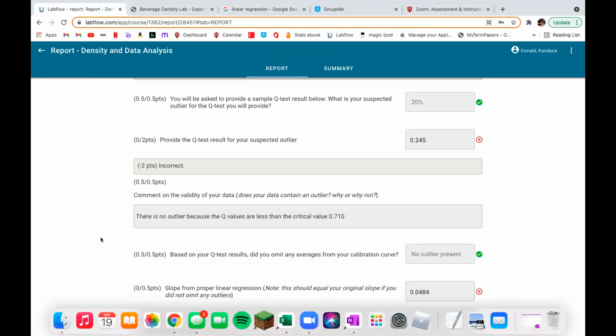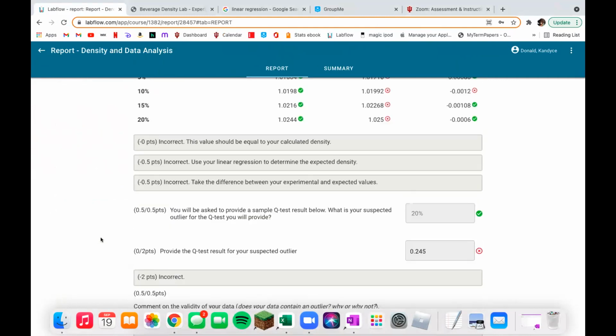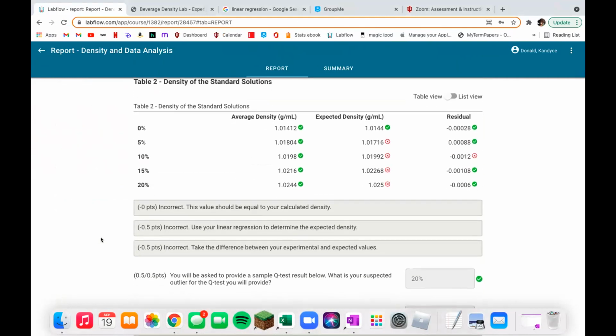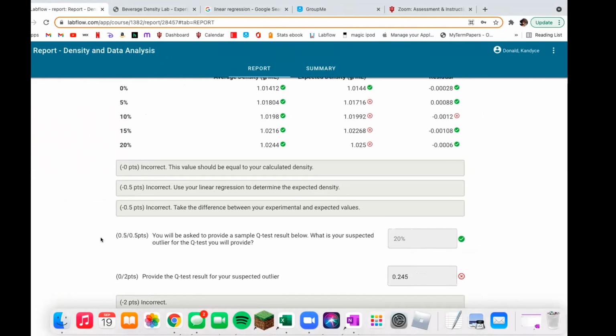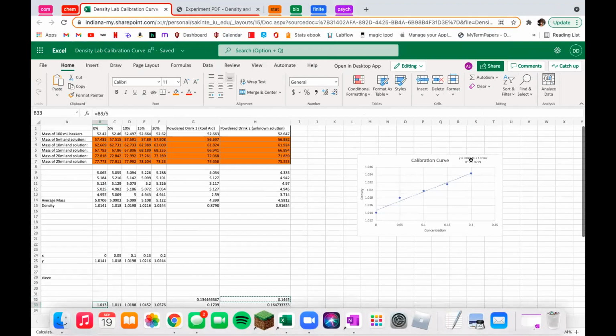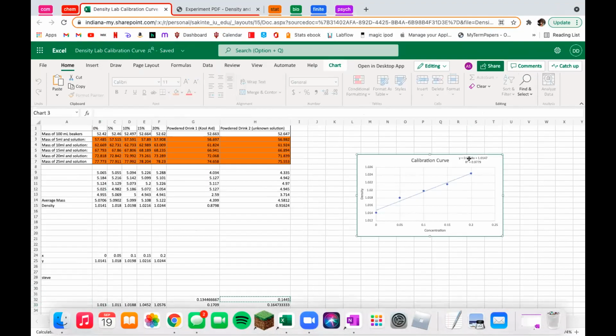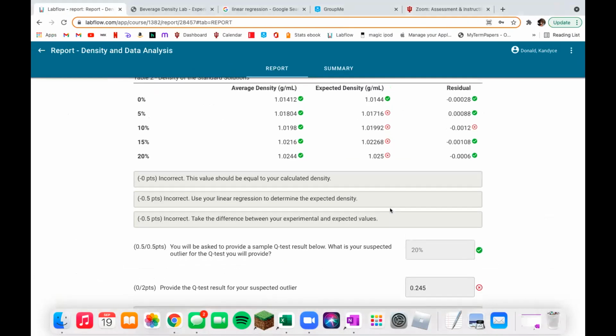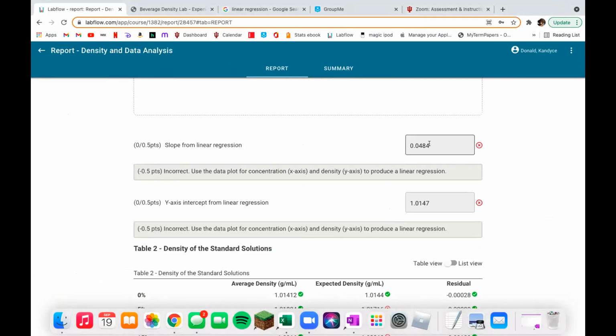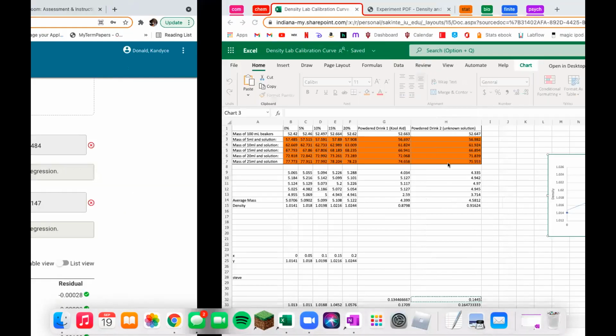And then my last question is about our linear regression line. So this is our equation right here and our R squared. But when I typed it into LabFlow, it's wrong. Go back to your linear regression. Okay.